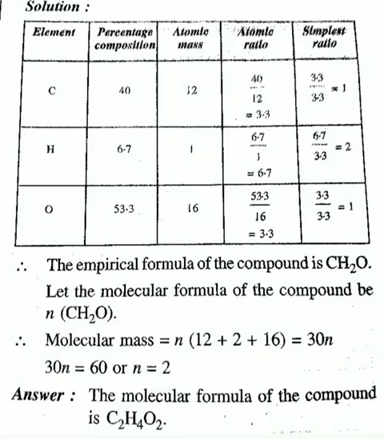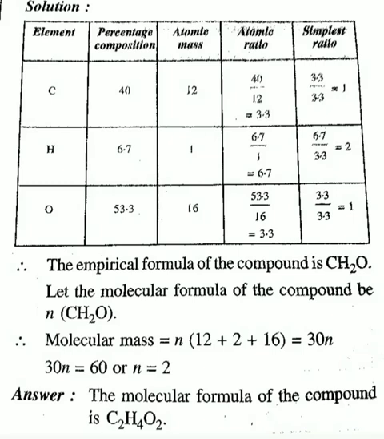So now carbon, how much do you get? 1, hydrogen 2 and oxygen also 1. So the empirical formula you write: C is 1, hydrogen 2, oxygen 1, that equals CH2O. So the empirical formula is CH2O. Now you have to find the empirical mass.